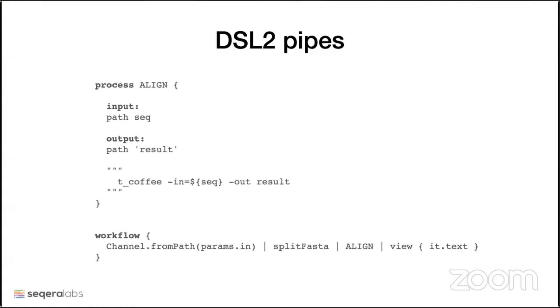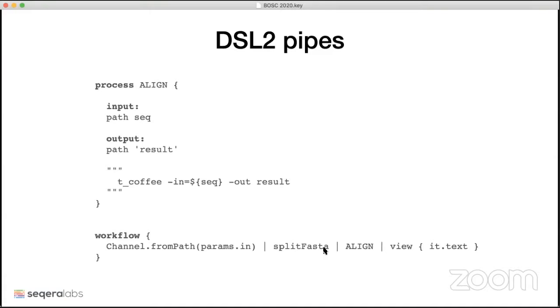There's another cool little feature which is DSL2 pipes. This allows us to chain not only operators together now, but whole processes together. So we could create a channel from some input data. Imagine this was some FASTQ or some FASTA files here. So now we have a channel. We can pipe that channel, which means take that channel and use it as input to splitFasta. splitFasta is an operator which splits the FASTA files based on some conditions. Now we're going to have a channel which contains many FASTA files.